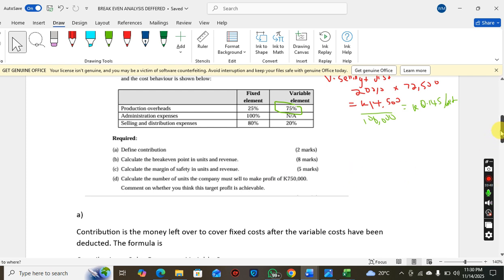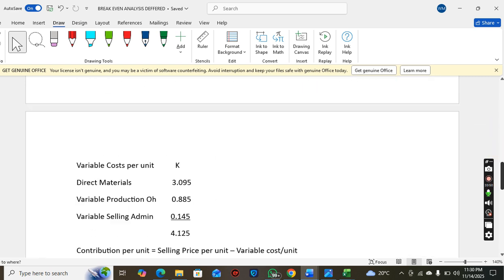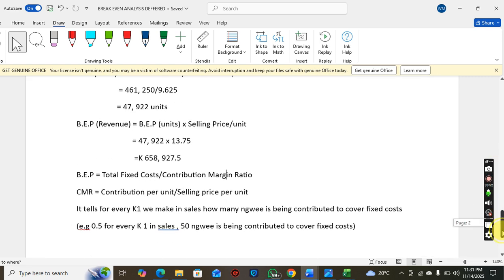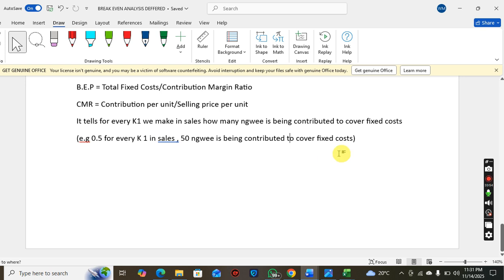Okay, so now margin of safety. This is the room for error before you make a loss. All right, that's what the margin of safety is, the room for error before you make a loss.